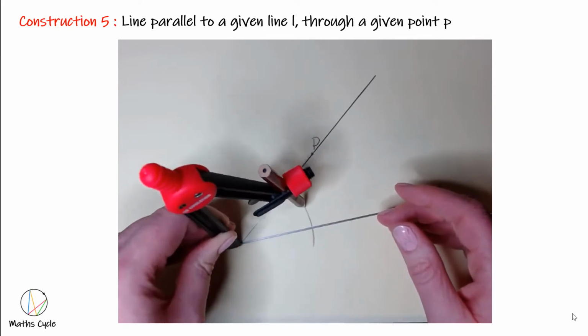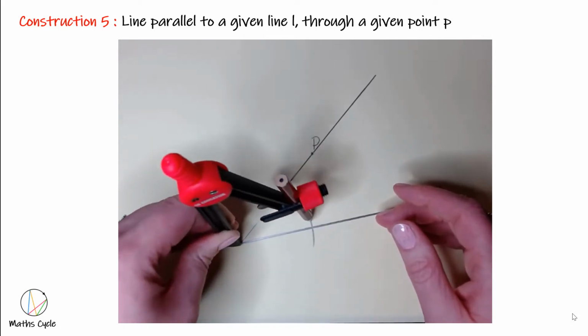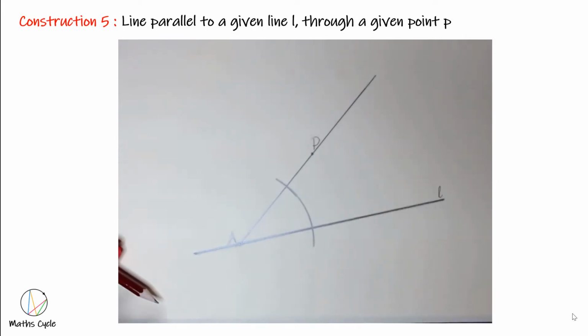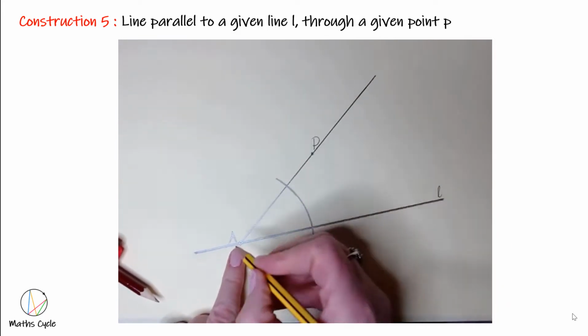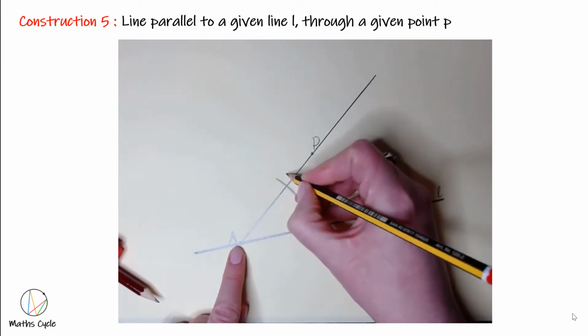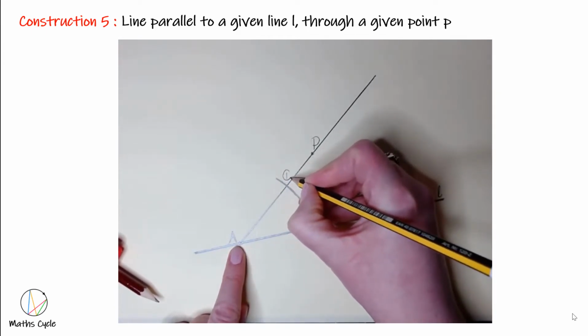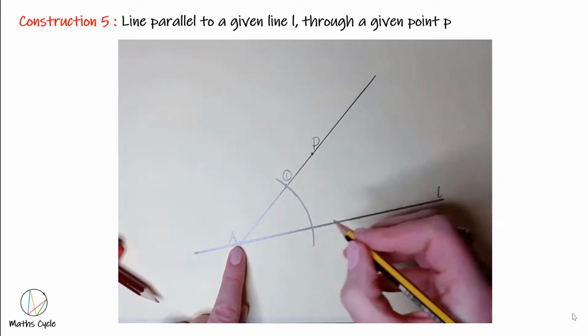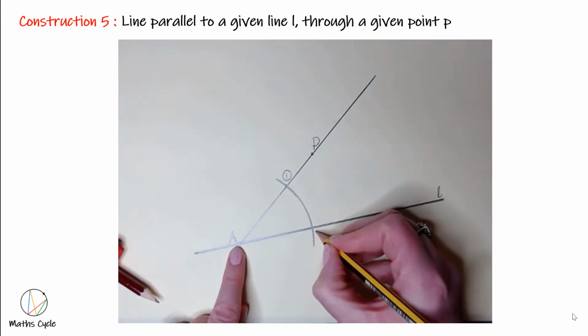The reason is I'm going to try and replicate that arc further up. So what have we done so far? We put our pin on A and made a mark at 1. The arc intersected with AP there, and the arc intersected with L right here at the point 2.